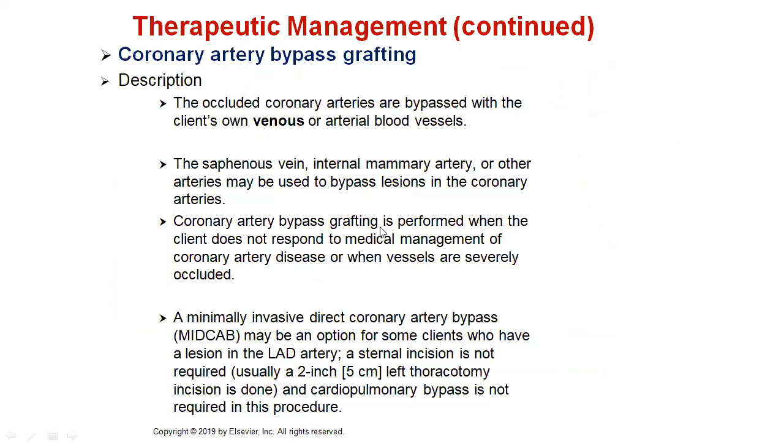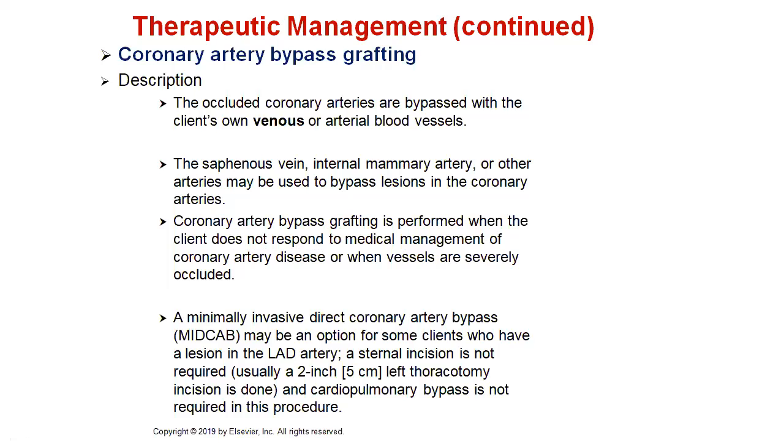Coronary artery bypass graft is performed when the client does not respond to medical treatment, right? Or if the vessel is severely blocked or occluded. So what are the nursing cares for coronary artery bypass grafting?